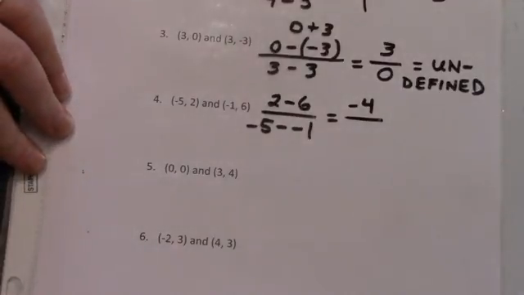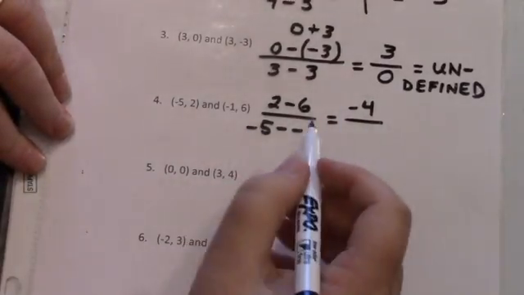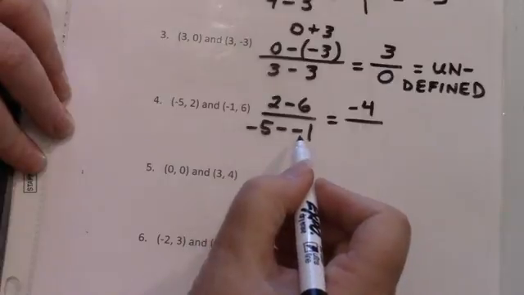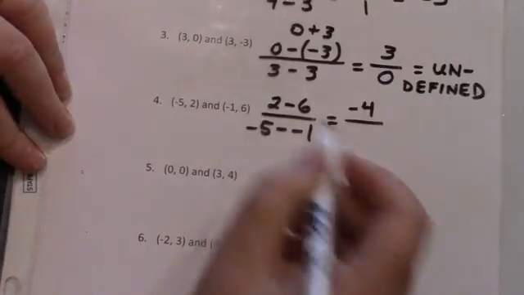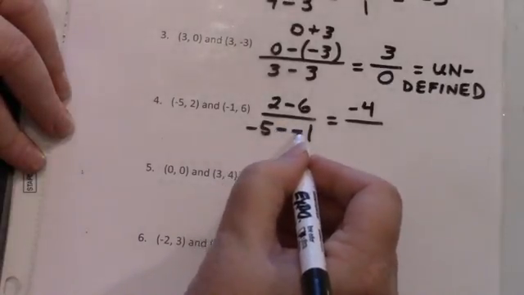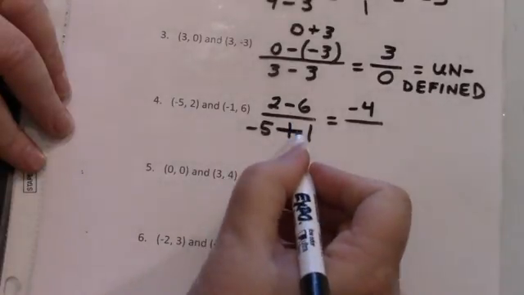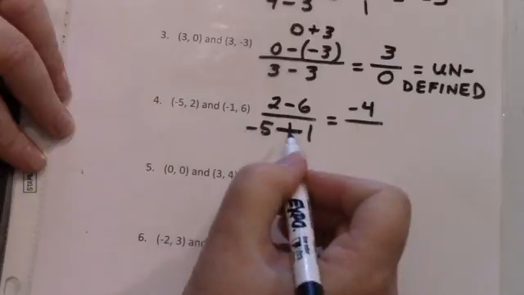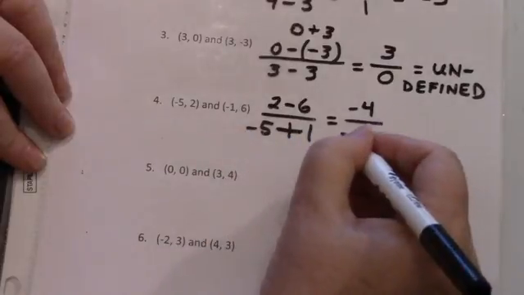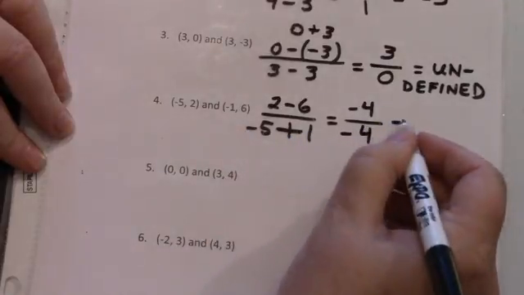Now here, negative 5, what happens when we minus a negative again? This is the way I remember it. If I have a minus a negative, I just connect them like that, and I make it a big plus. Negative 5 plus 1 gives me negative 4.